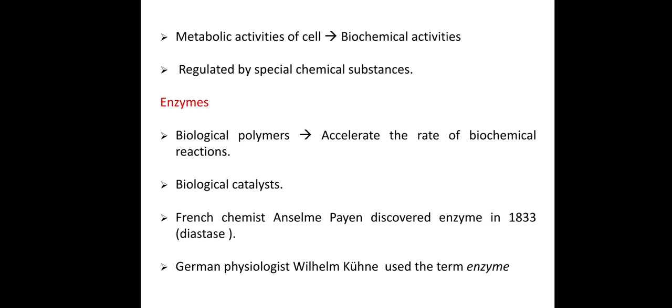If 10,000 substrates are converted into products in 1 minute, this is another rate. So, the rate of chemical reaction is nothing but the number of substrates getting converted into products, and this number of conversions within a given time varies from one reaction to another.